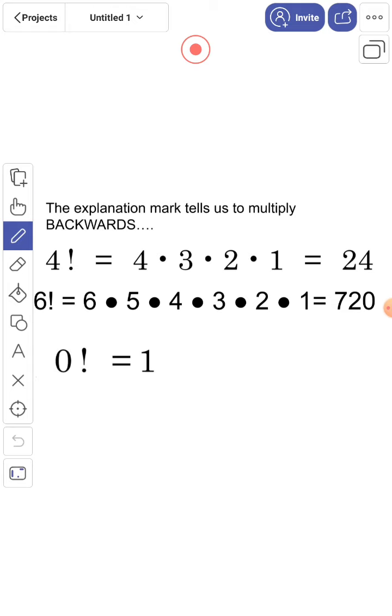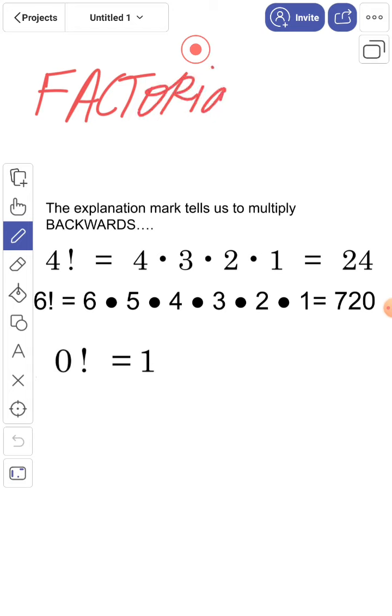So a factorial is the exclamation point. So that's this thing that you see everywhere. That's what it's called. It's an exclamation point.